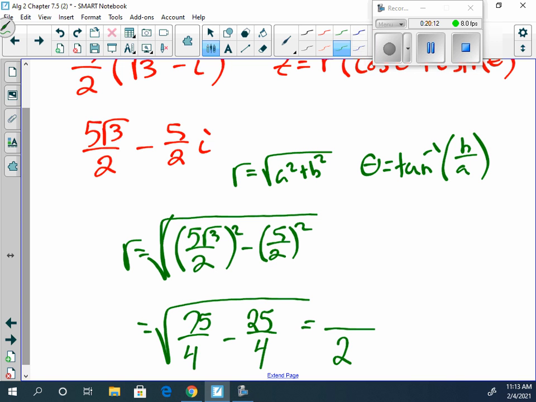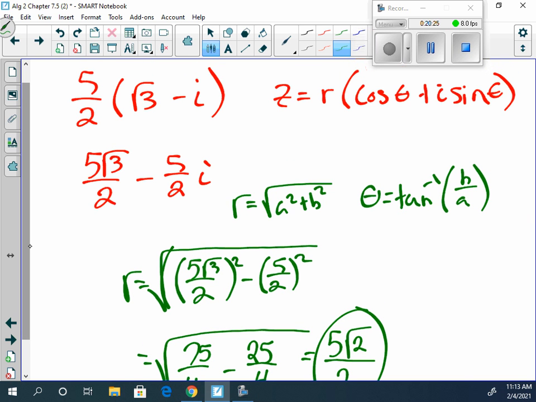Well, 50 is the same as 2 times 25. The square root of 2 does not simplify. So 5 square root of 2 over 2, because the square root of 2 is a non-repeating, non-terminating decimal. It's 1 point... going on.